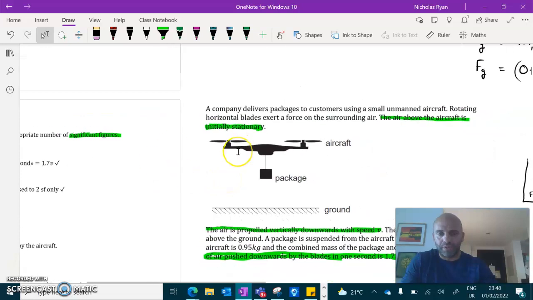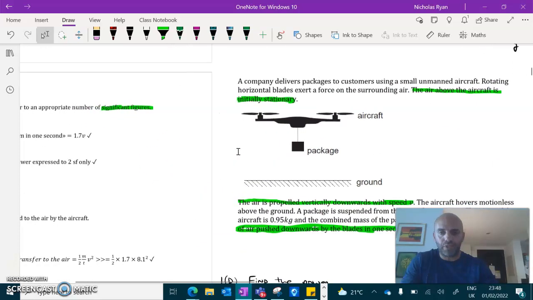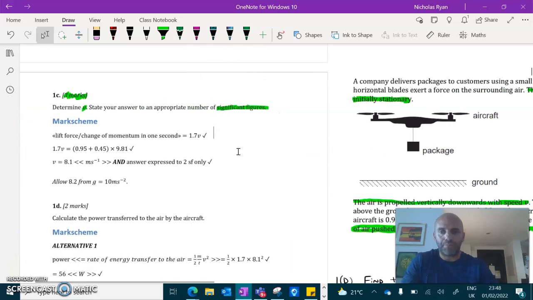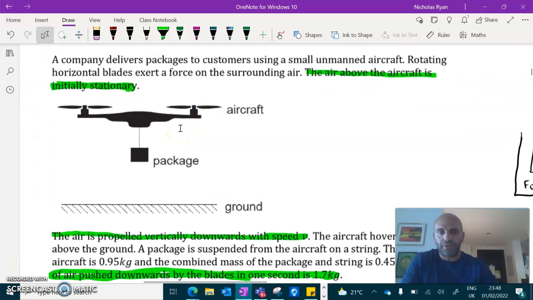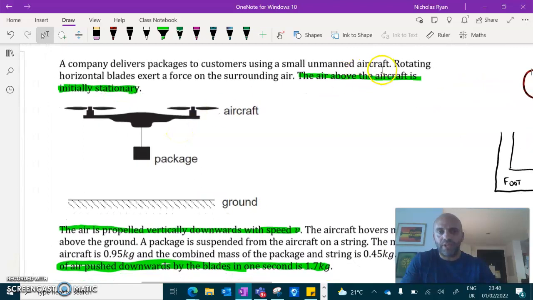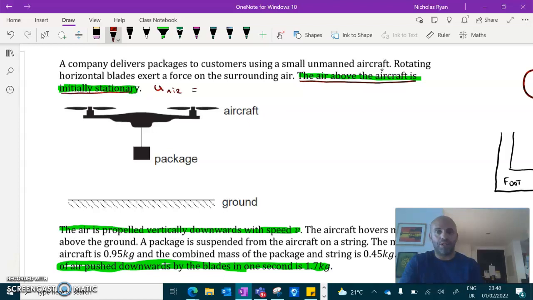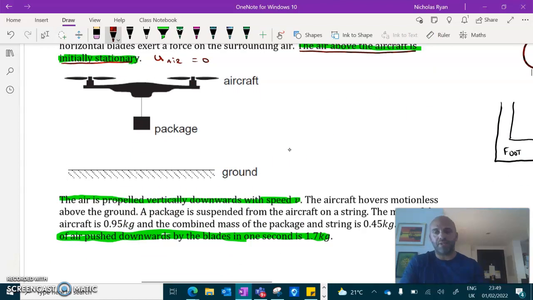So I think here it's important to come back and reread the question, okay? I've highlighted some of the key information here. The air above the aircraft is initially stationary. Okay, it's initially at rest. In other words, the initial velocity of the air, if you're going to treat it like a little ball, is 0. Because to be fair, they've given us a mass for this.